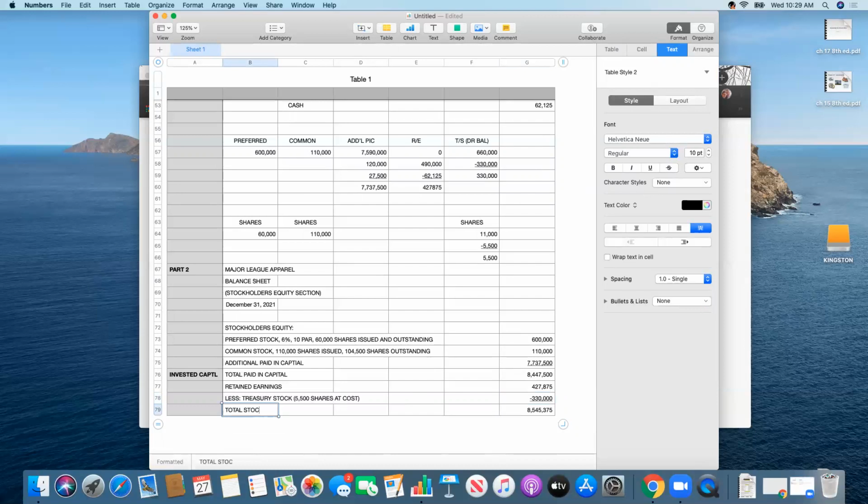Total stockholders equity. All right, so there you go. That's the rest of chapter 10. Next video, chapter 11, statement of cash flow.